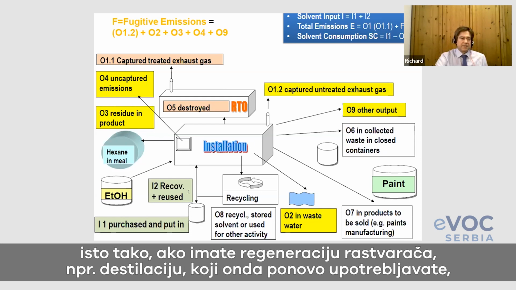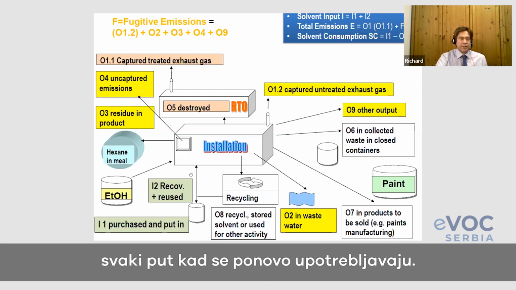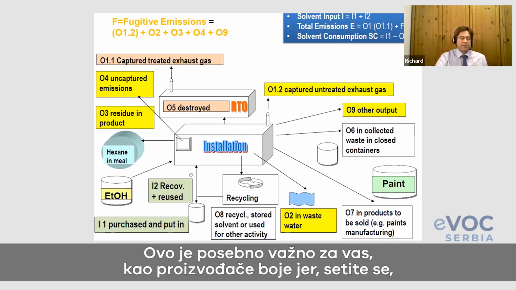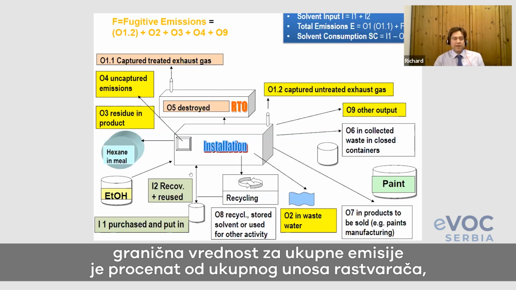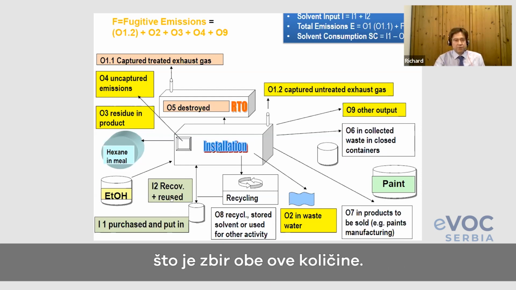And the same if you have a recovery, like for example distillation, and you reuse that recovered VOC, you must determine that quantity every time you reuse it. It is very important, especially for you as a paint manufacturer, because that total emission limit value is a percentage, 3 or 5% of the total solvent input. And the total solvent input is the total of both quantities here.